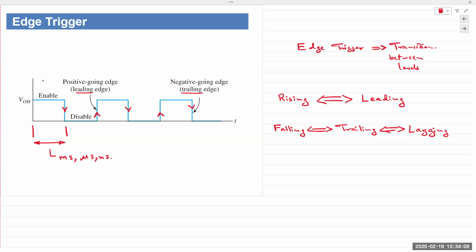Again, instead of the circuit responding to a certain level, it is now responding to the transition. So from a lower level to a higher level, it's a rising edge, positive edge, or leading edge. Transitioning from a higher level to a lower level, it's falling or negative.